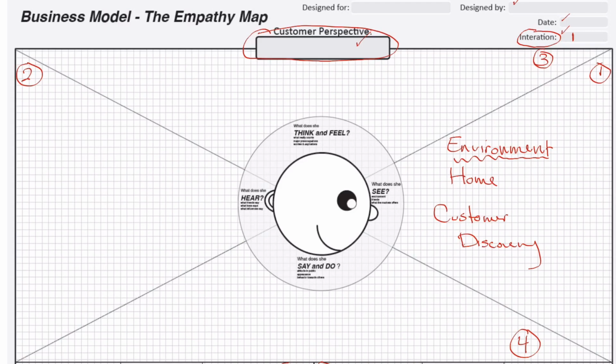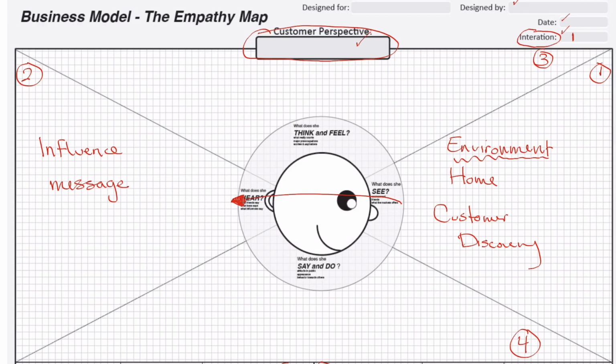Now, in this section, what we see and hear, the environment influences what we actually hear, which is why we start on the right-hand side and make our way over to the left. Here we want to think about, what are the things that influence my customer? What are the messages that they hear? Who are the influential people they seek out information from?